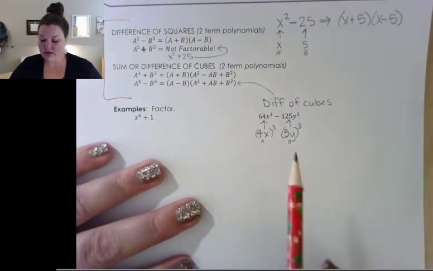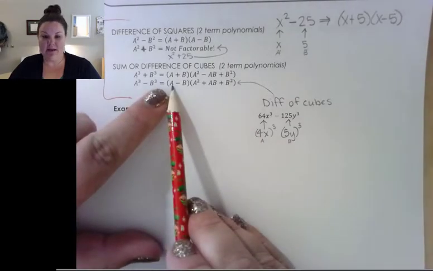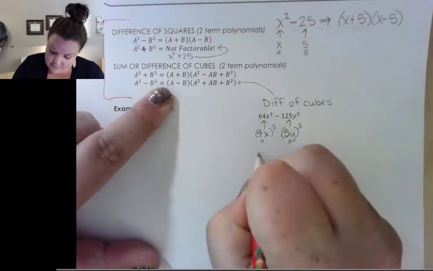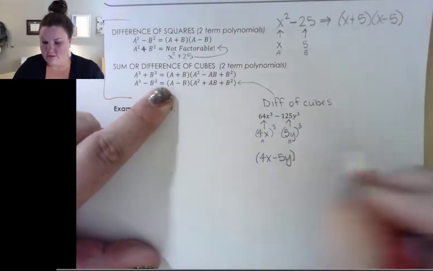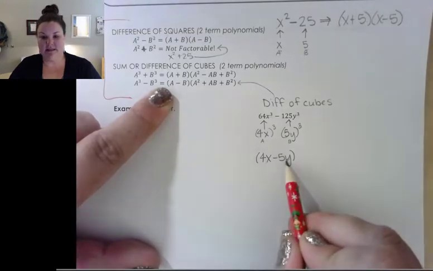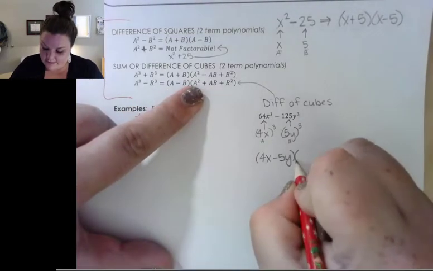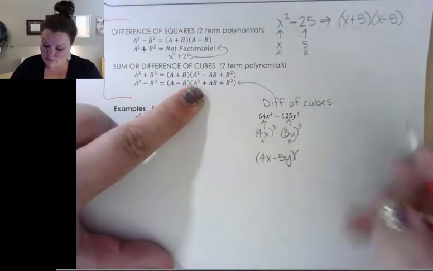Okay? So the difference of cubes formula states that I take my first base and I subtract my second base. So that means I'm going to do 4x minus 5y, right? First base minus second base. Then in this next quantity, it says to do a squared. So that means my first base squared.